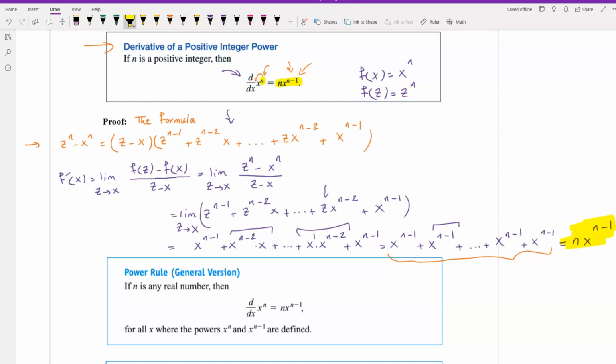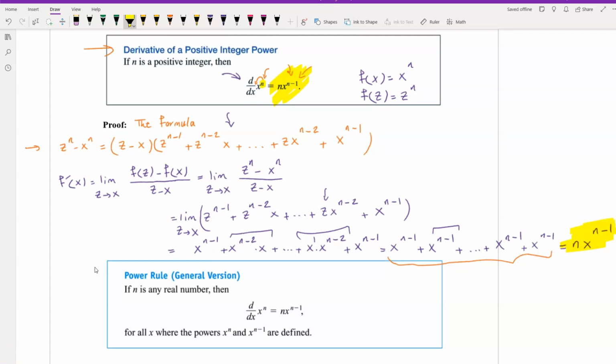This proves what we had here on top. So this is what we have in general. This is the power rule, general version. If n is any real number, then the derivative with respect to x of x to the n power is equal to n times x to the n minus 1, for all x where the powers x to the n and x to the n minus 1 are defined.